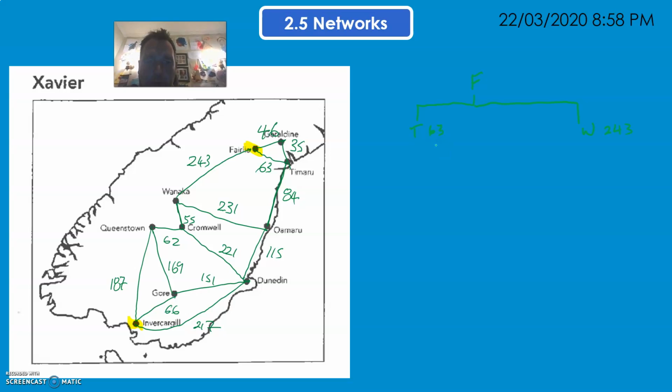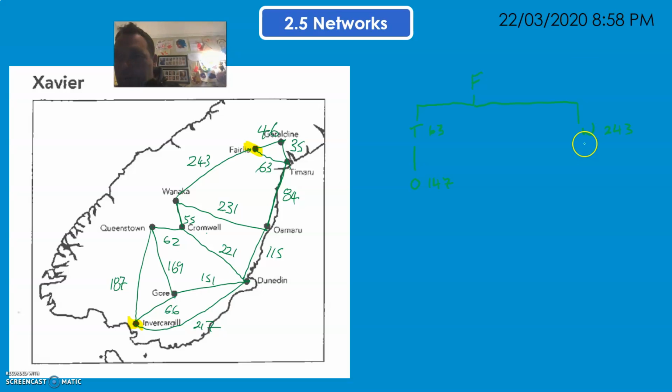Alright, from Timaru, I've only got one choice because I'm not going to go back towards Geraldine. I can go to Oamaru, which is adding another 84. So 63 plus 84 gives me 147. Now from Wanaka, I've got a choice.